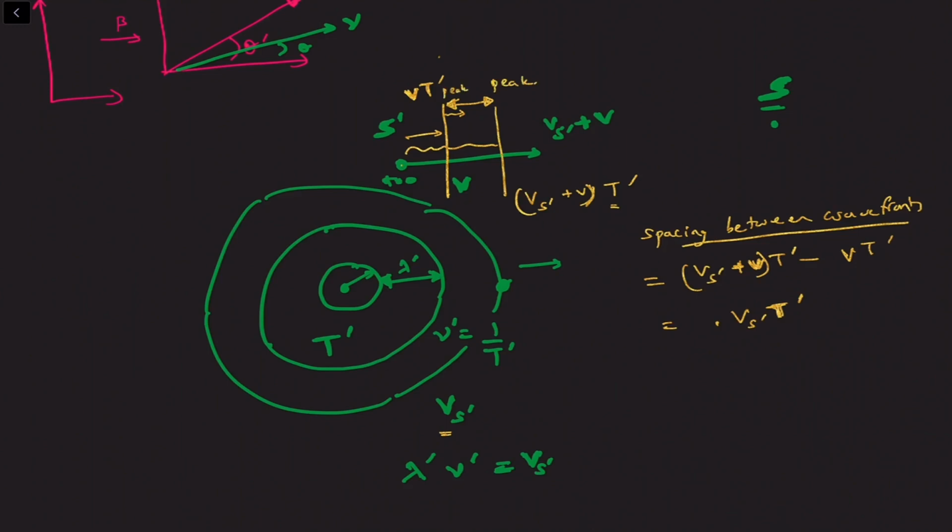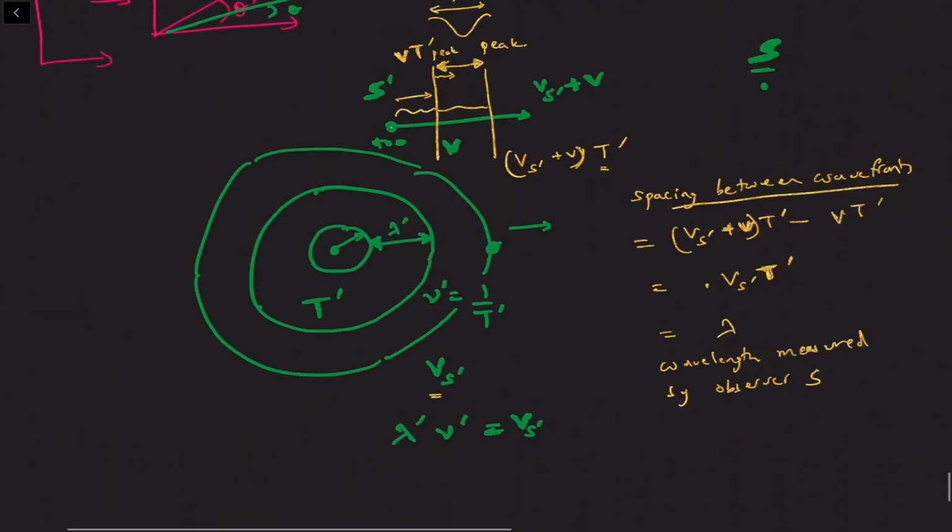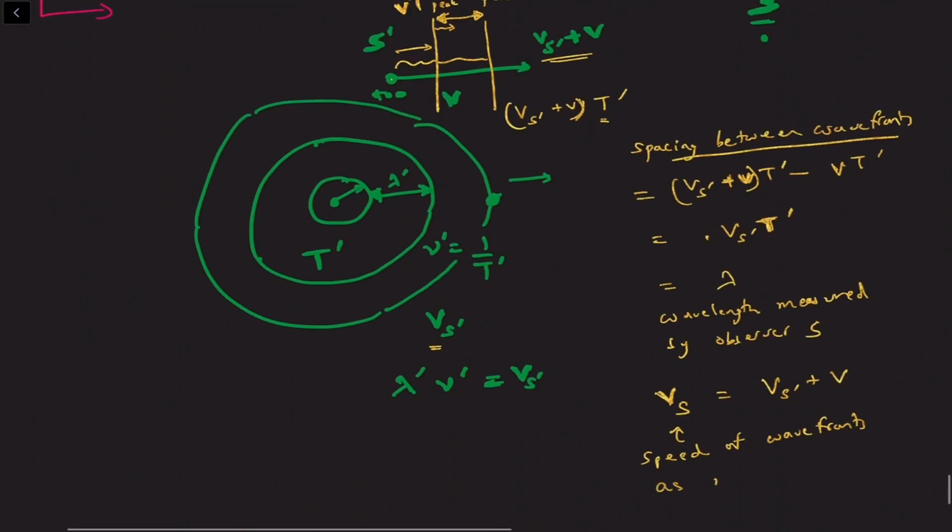And so the spacing between the peaks is exactly the wavelength as measured by observer S. And also, the speed at which these waves propagate according to observer S would be Vs prime plus V. The speed of wavefronts as measured by observer S.